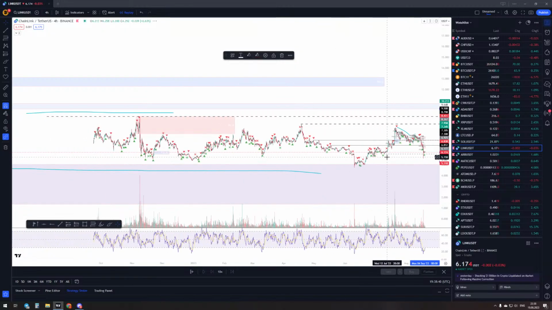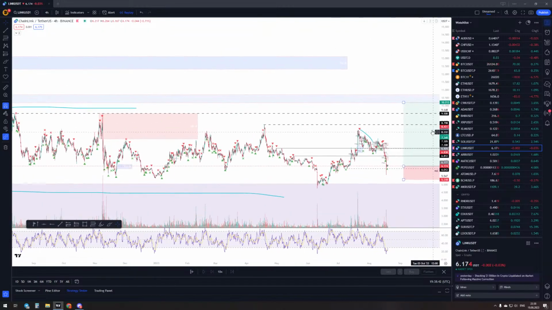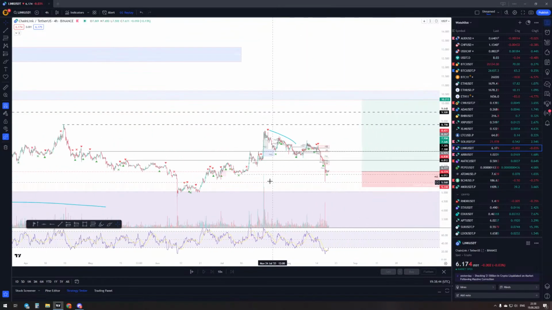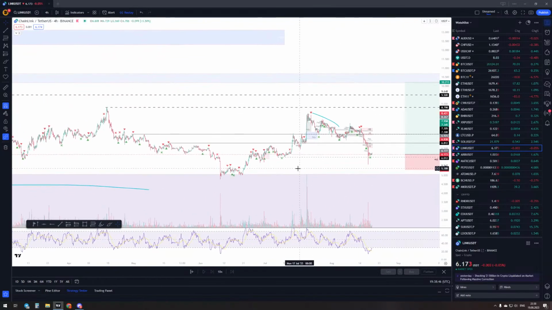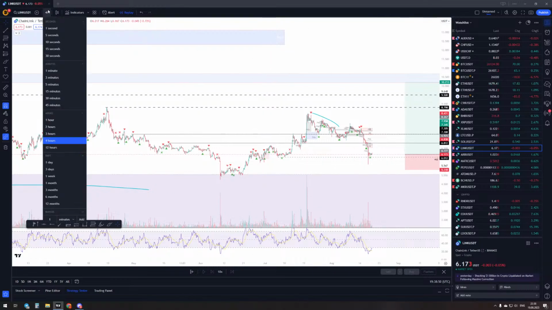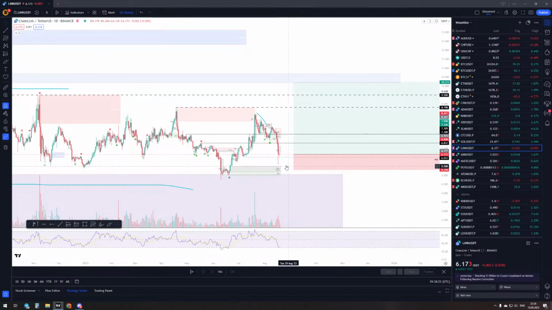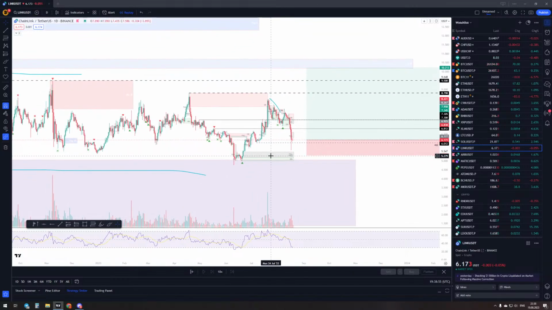Okay, what else do we have here? Oh, we took these equal lows as well. Let me look at the daily. We still have this imbalance on the daily, but it was fulfilled on the weekly, so it's irrelevant. We can just ignore it completely.